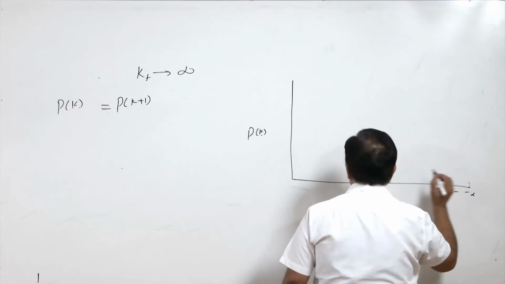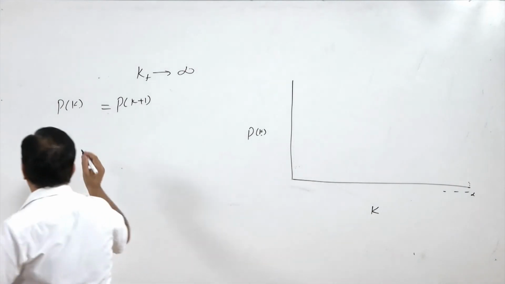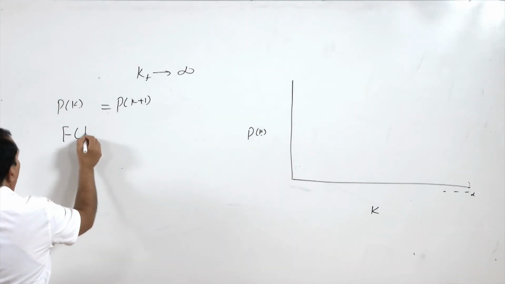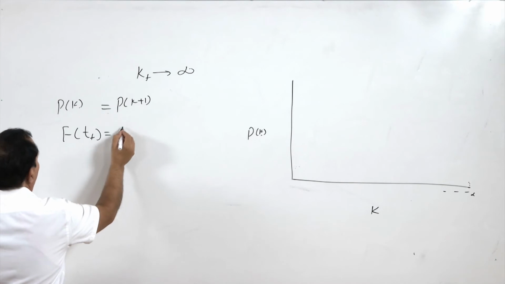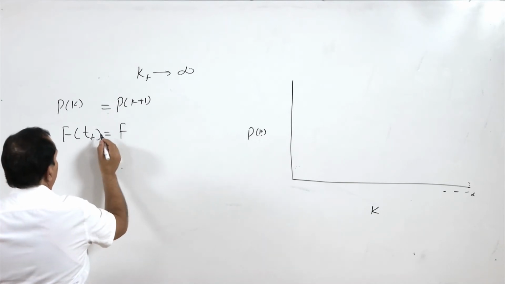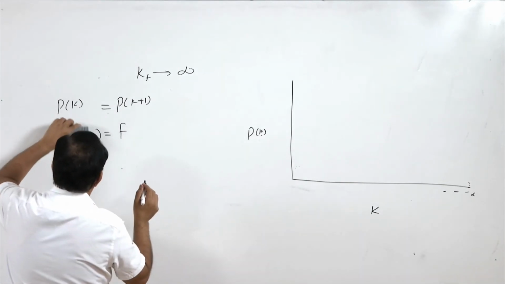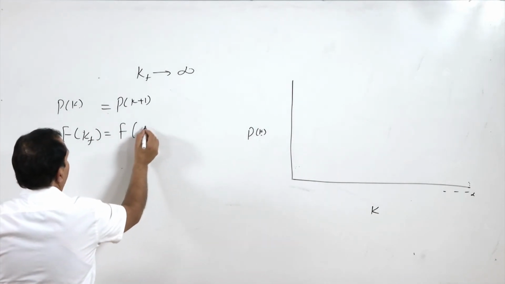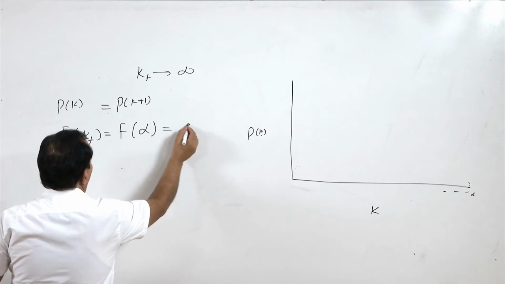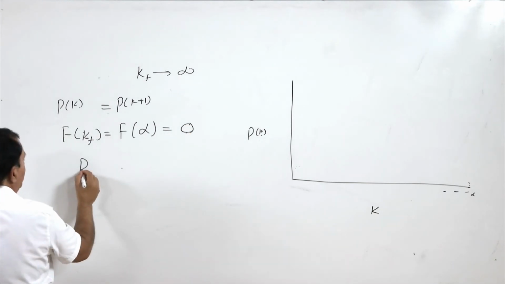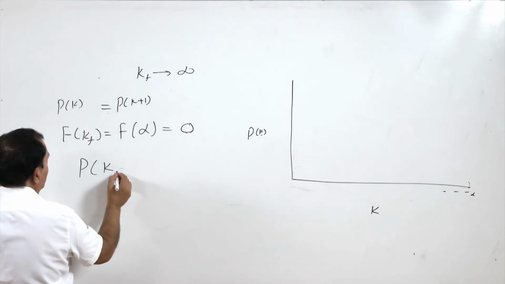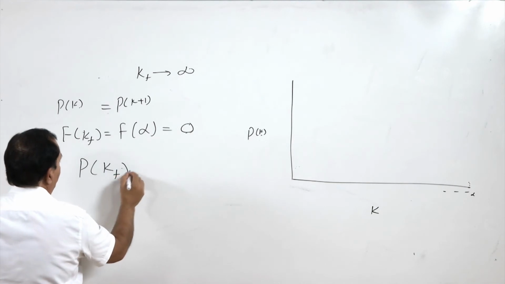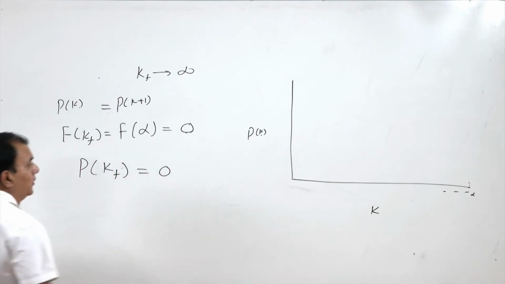I am starting from this 0 value, and as K f is infinity, my f of K f is nothing but 0, so my P K f is nothing but 0.